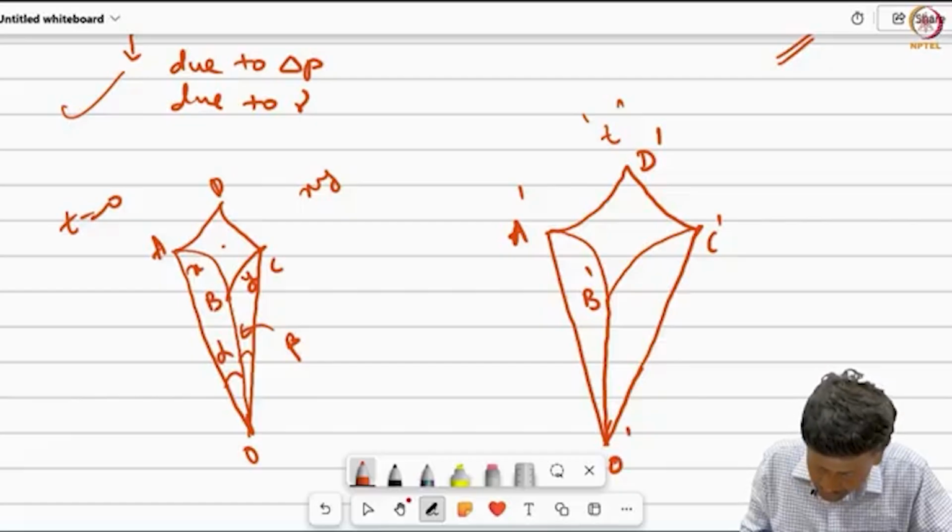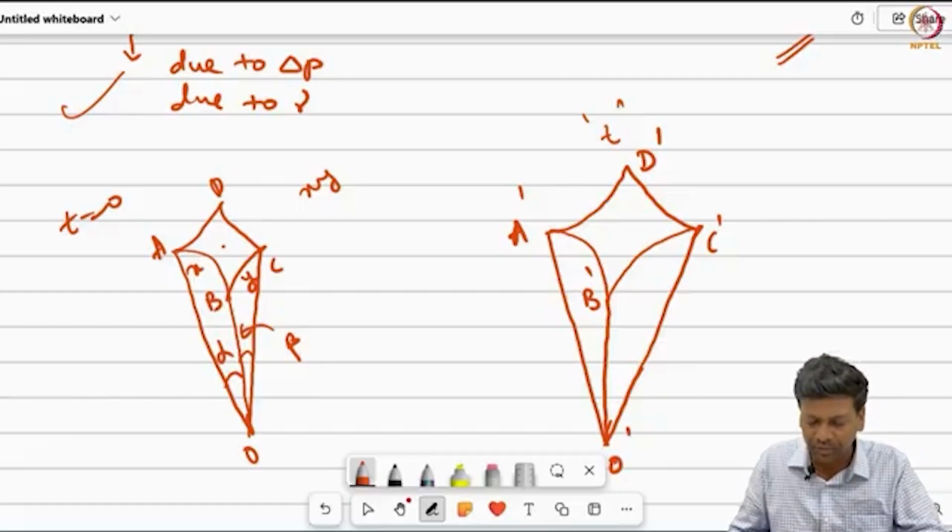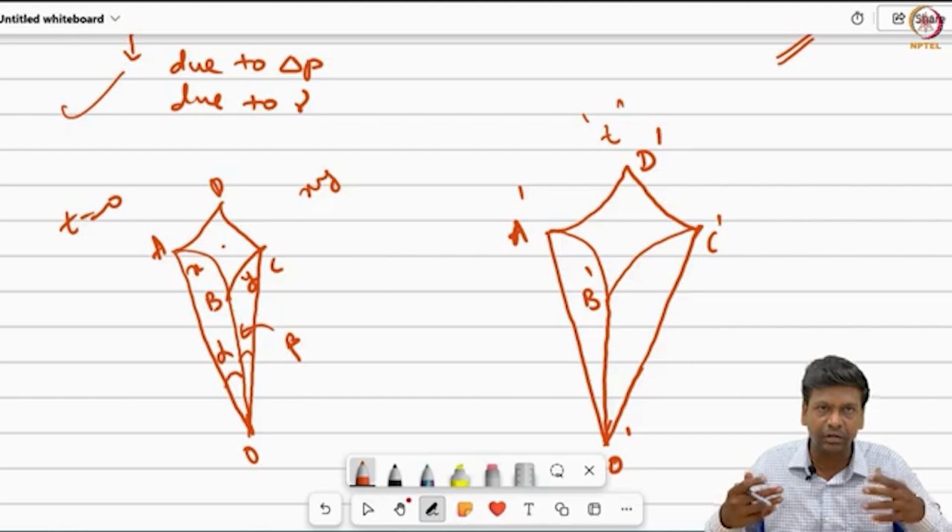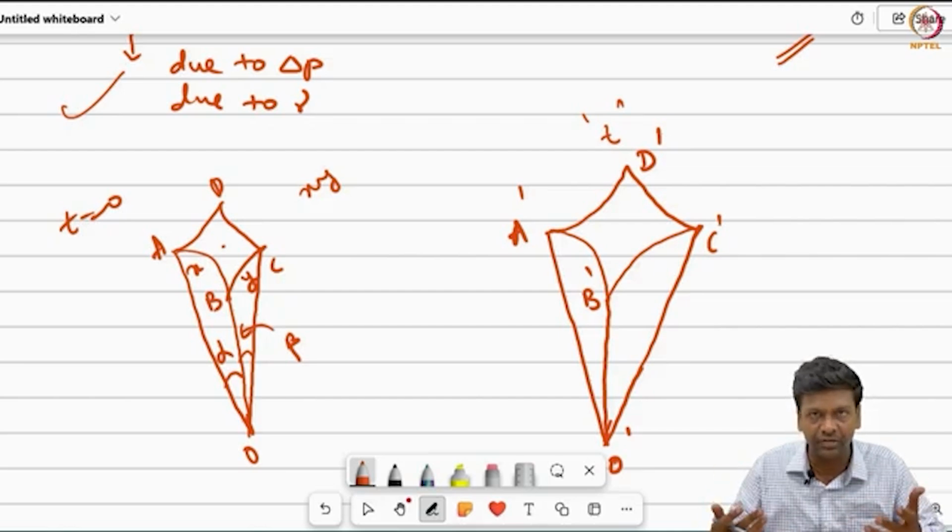So in this case, what we assume is that when there is a change in area, or there is displacement with respect to the curvature because of the pressure force and surface tension force, they increase or they decrease, but they change proportionately, right?